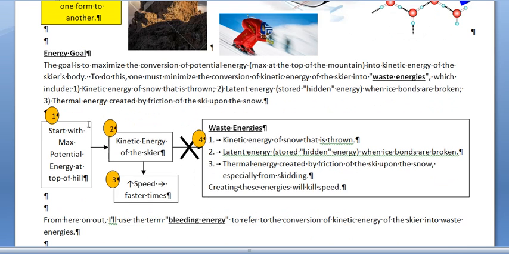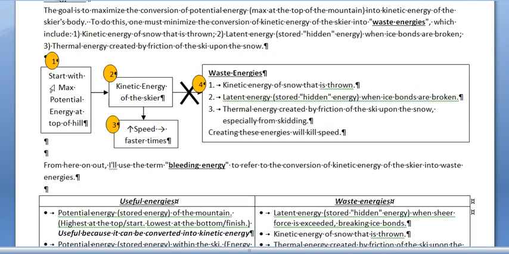So the process is you start with maximum potential energy at the top of the hill. You want to convert this all to kinetic energy of the skier because that's going to be converted into increased speed, which is going to mean faster times, and you stand a better chance of winning.